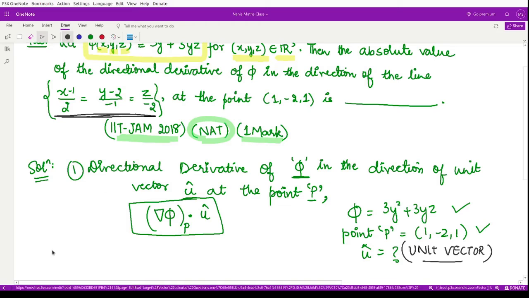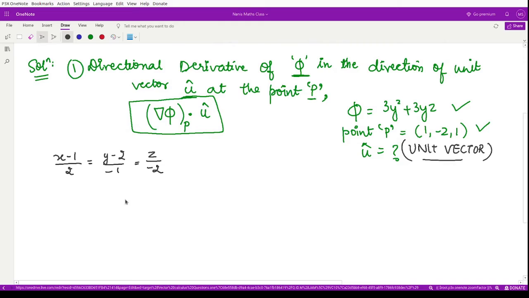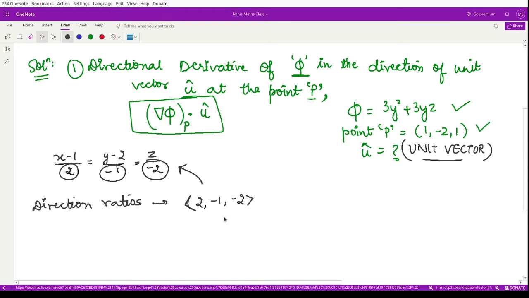Now the line is given to be x minus 1 divided by 2 equal to y minus 2 divided by minus 1 equal to z divided by minus 2. You can clearly see what the direction ratios for this line are. They are 2, minus 1 and minus 2, and usually you write them in angle brackets. So what could be the vector in this direction?